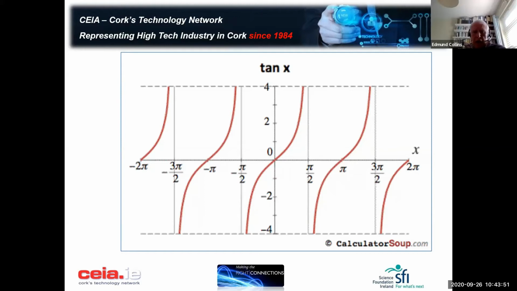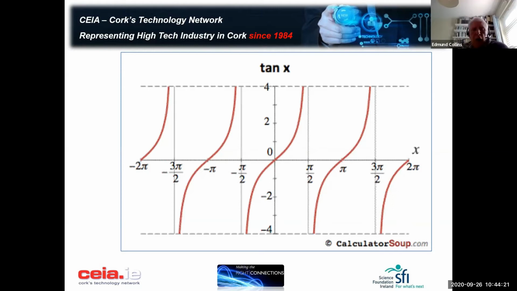And likewise for minus pi, it's 0, minus 2 pi, it's 0. So again, looking at this graph can help your understanding of how the tangent behaves as you're moving from 0 to pi to 2 pi. But it is a very interesting graph.